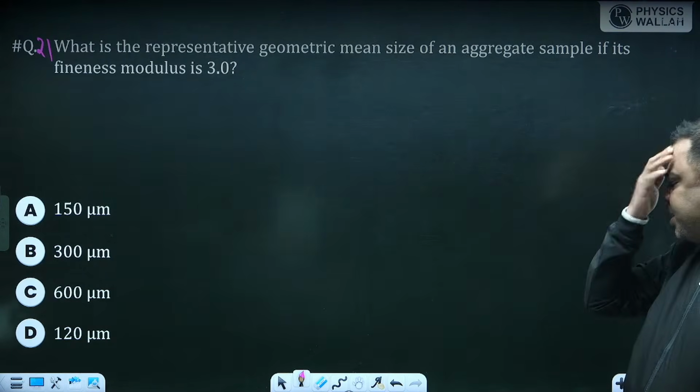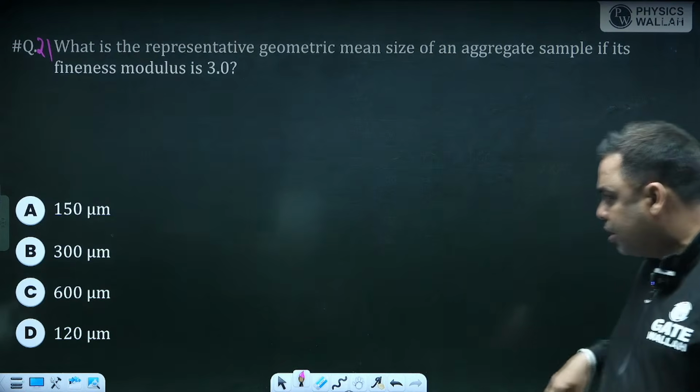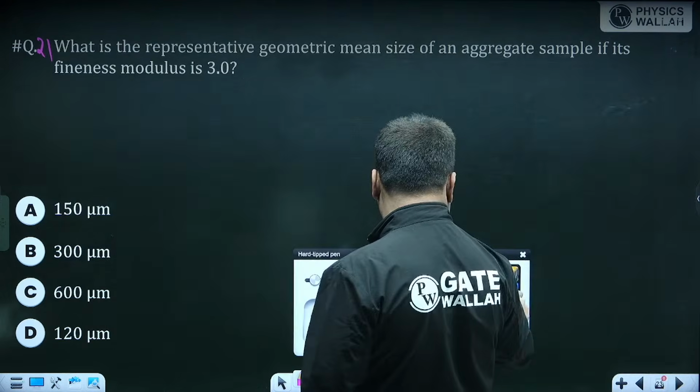Fineness modulus is 3. What does it mean?